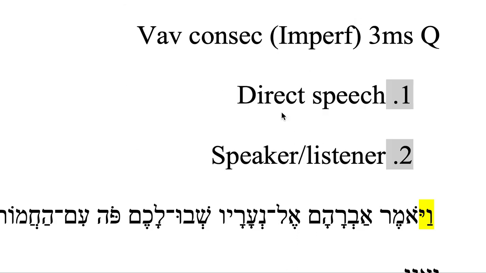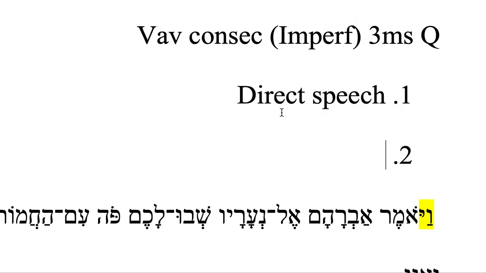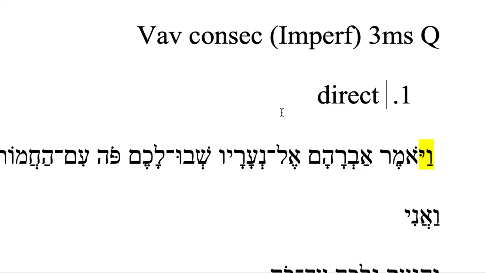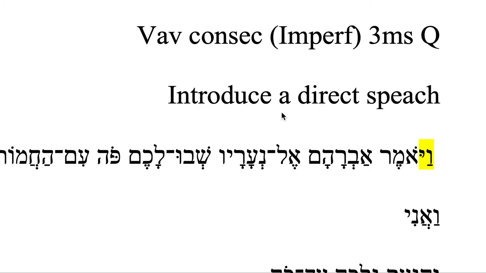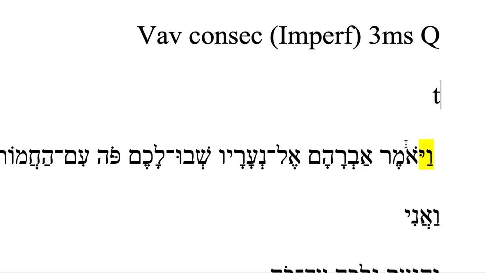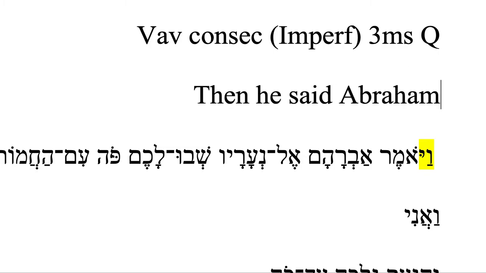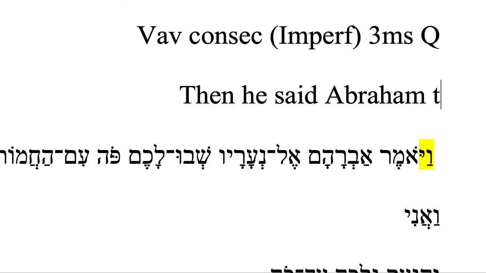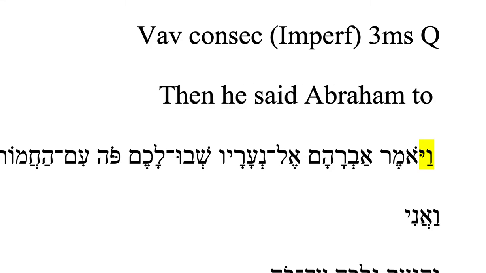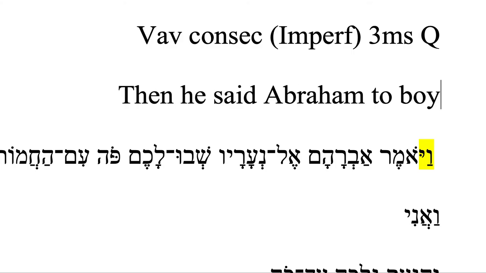So let's look at what we have here. We have vayomer Avram el na'arav. We have then he said, Abraham, right? El means to, that's a preposition. To na'arav. Na'ar means a boy.